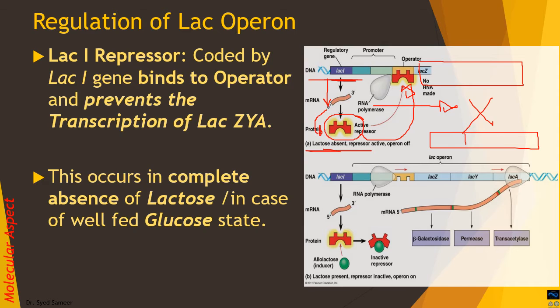So E. coli utilizes the glucose then, and it doesn't need the expression of beta galactosidase or permease to utilize lactose, because lactose is not present. So when lactose is absent and glucose is present at high concentration as the sole carbohydrate, the Lac-ZYA genes are not expressed, and the Lac Operon is repressed by the repressor expressed by the regulator gene. This is the first kind of molecular aspect of the regulation.